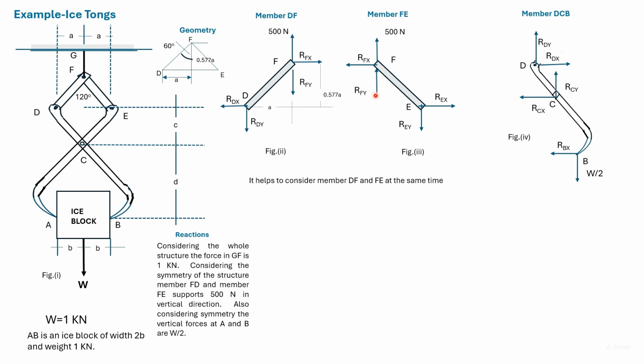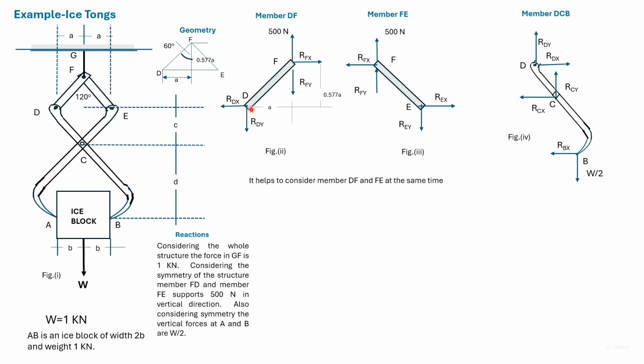Then the direction of the vertical force acting at F in FE will act upward. Similarly, the direction of the horizontal force here is towards the right, and we take the direction of the horizontal force here to act towards the left.